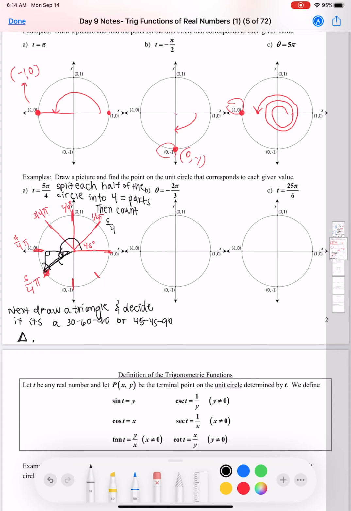So we have a 45, 45, 90 here. And if you actually look at the degree measure on your unit circle, we know that this guy's 180, or in other words, pi. You'll notice that the degree measure of this 5 pi over 4 is 180 plus 45 degrees, so 225.